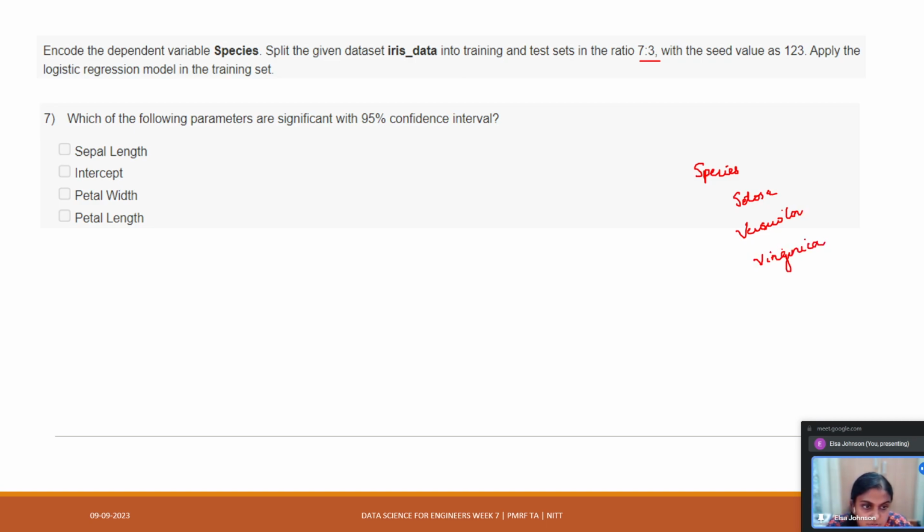So we have to encode the dependent variable species. The next step is to split the data 7:3, like 70% train and 30% test, and put a seed value equal to 123.